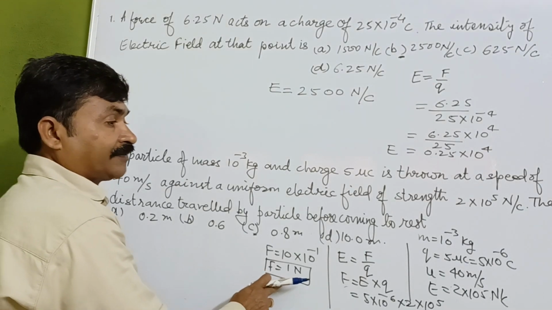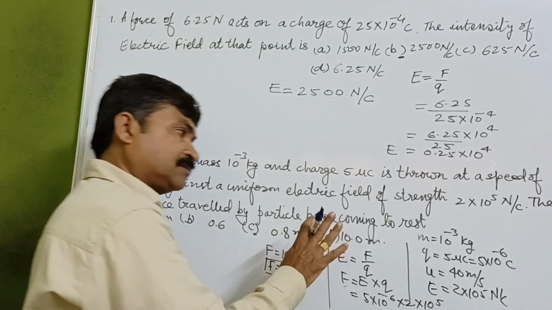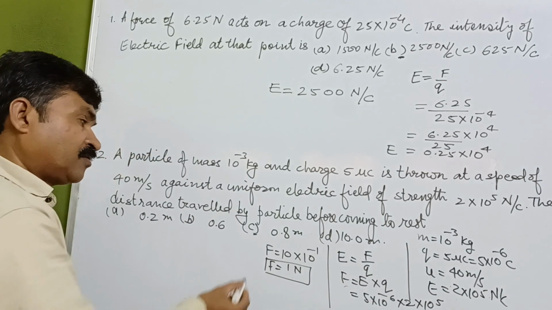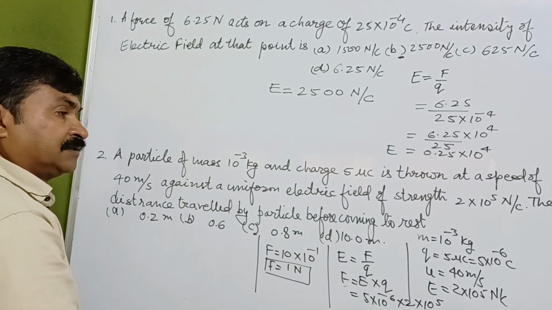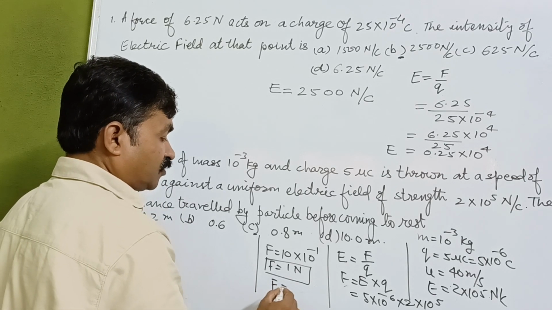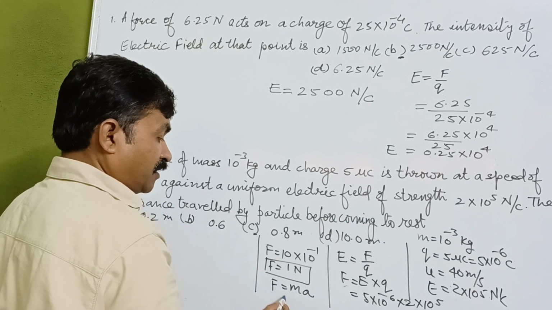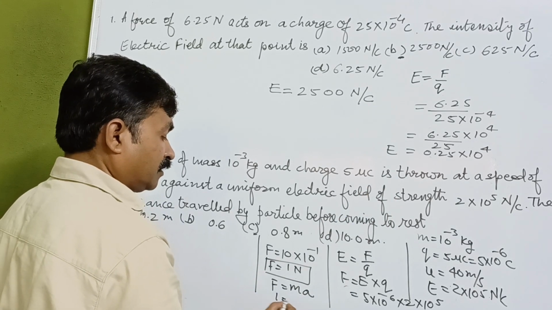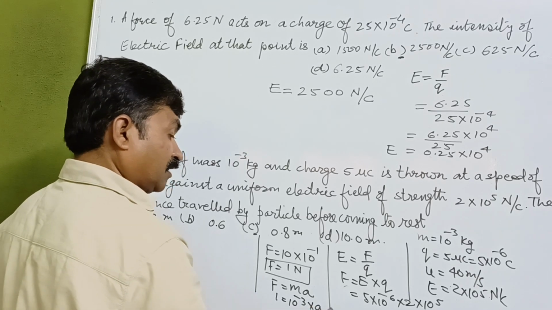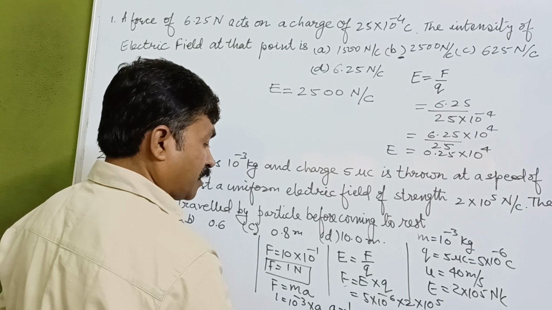Now this 1 Newton force is acting on this charge, which has this much mass. Going through Newton's second law, F is equal to mass into acceleration, with mass 10^-3. So the acceleration is 1 upon 10^-3.